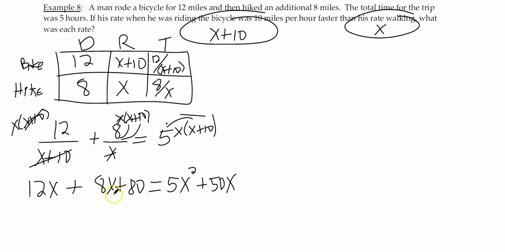Okay, so we reduce, common terms, like terms, there we go. 20x plus 80 equals 5x squared plus 50x.